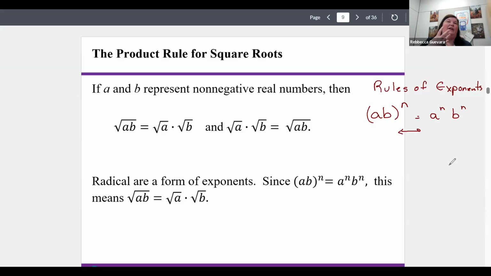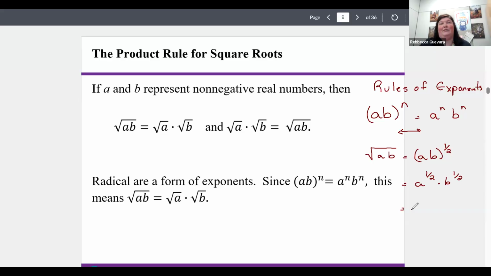Well, remember that square roots are just exponents. So what's happening here is if I take the square root of ab, that's just ab raised to the power of 1/2, which means we have a to the power of 1/2 times b to the power of 1/2.